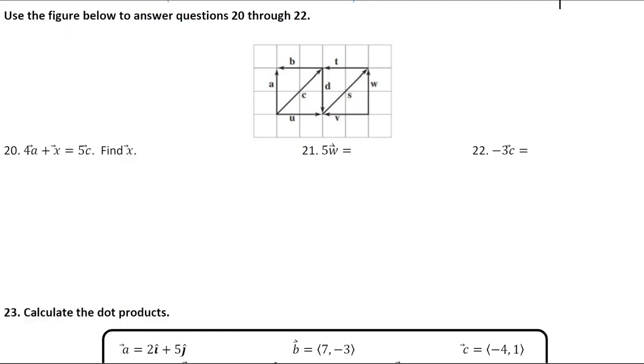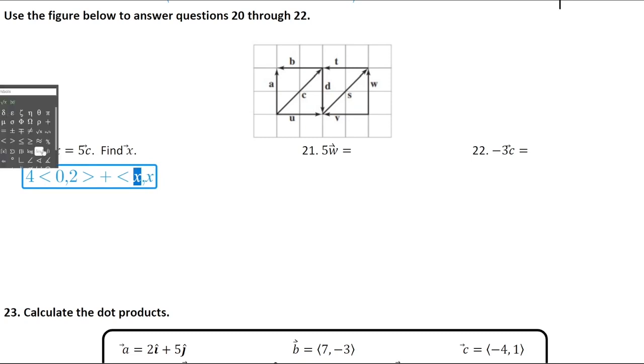Number 40 says 4a plus x equals 5c, find x. So basically what we have here is 4 times vector a, which is 0, 2, plus x. So I'm just going to call this x1, x2.